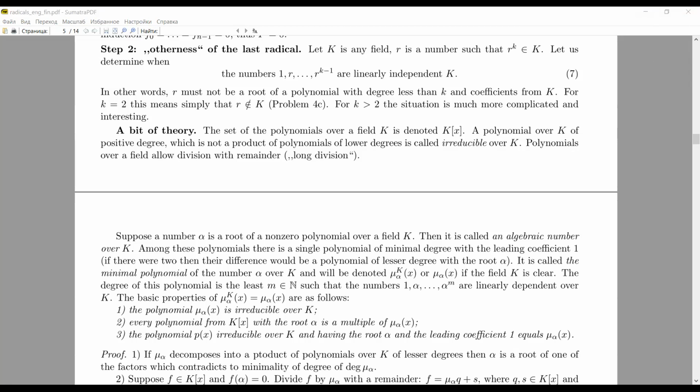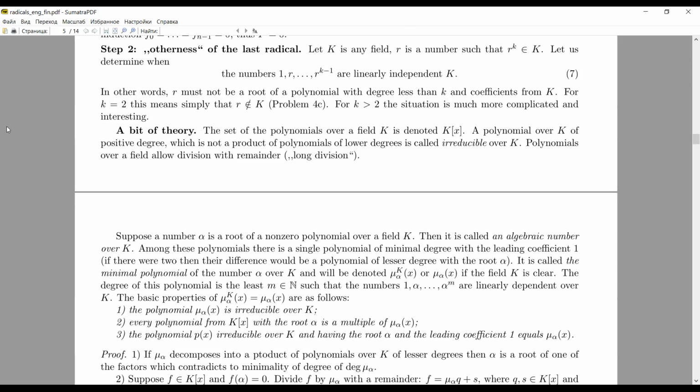But in the general case, when k is more than 2, the situation is much more complicated. So at this moment we come to algebraic numbers and polynomials. I don't repeat standard definitions and properties of minimal polynomials, at least not their proofs. Just let me remind you of the basic properties we use in the proof.